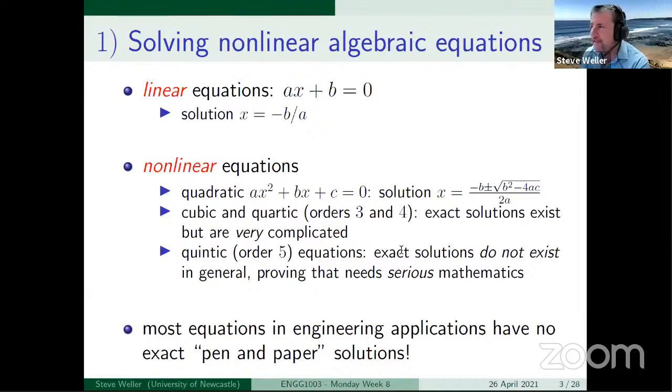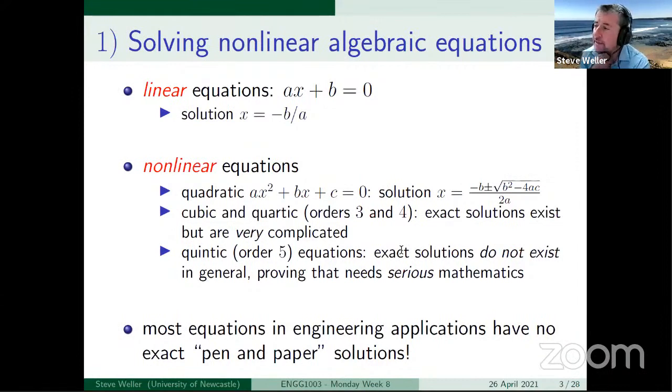So a nonlinear equation is something, surprisingly, that is not linear. So let me say what a linear equation is. A linear equation is the equation of a straight line. You will have remembered from your high school mathematics that the equation of a straight line looks something like ax plus b is equal to 0.